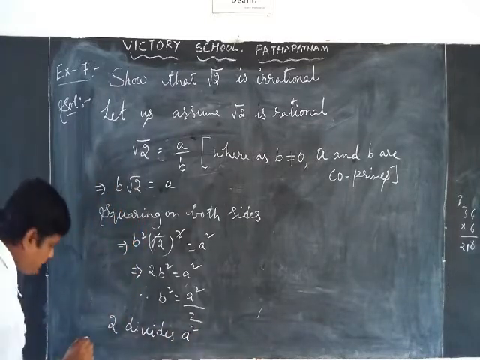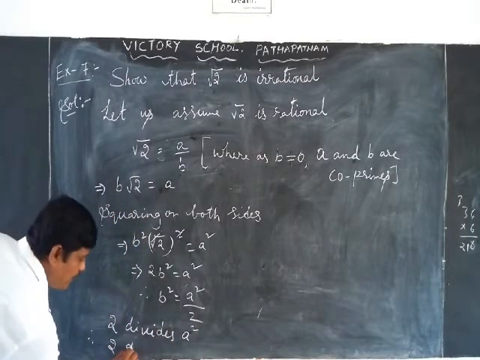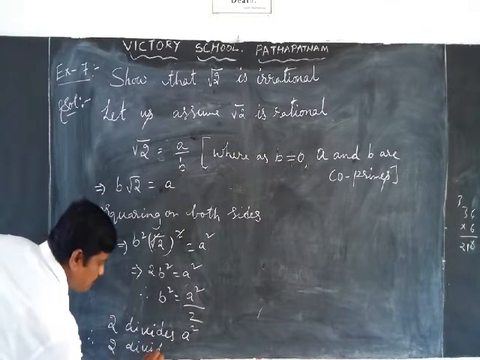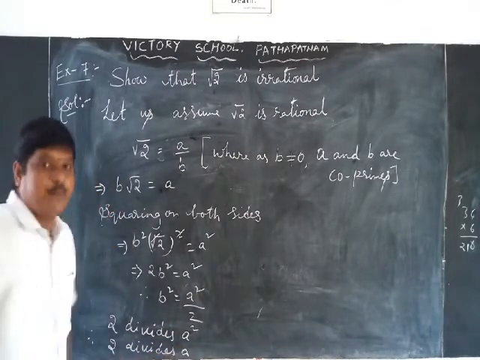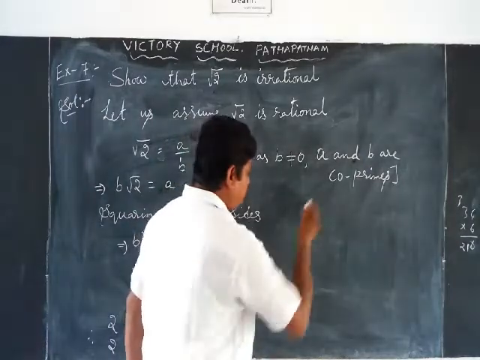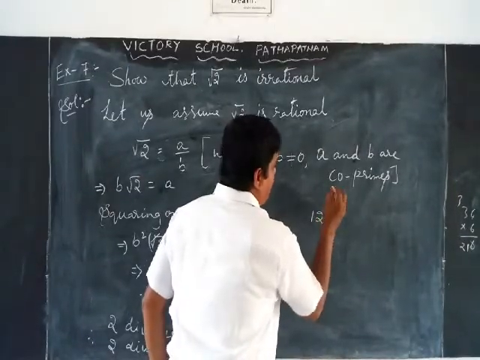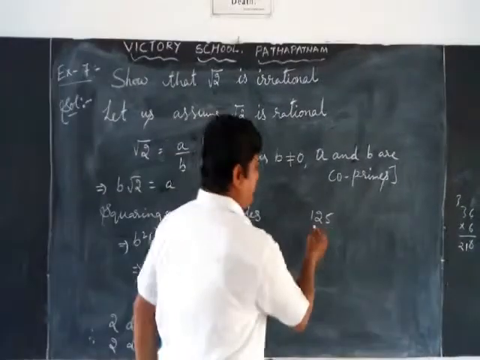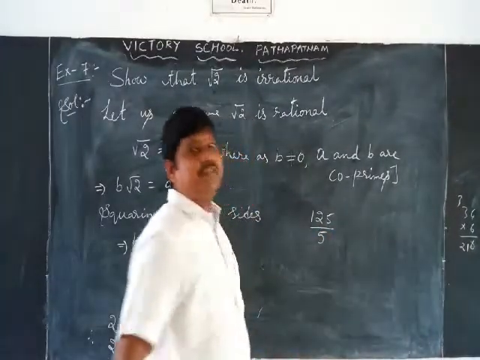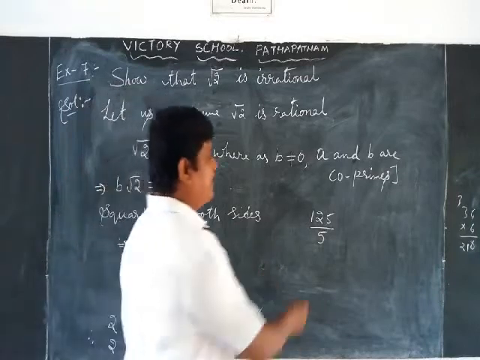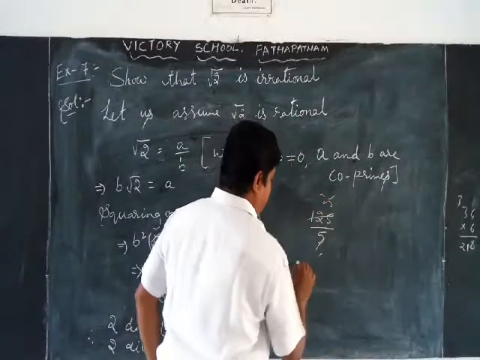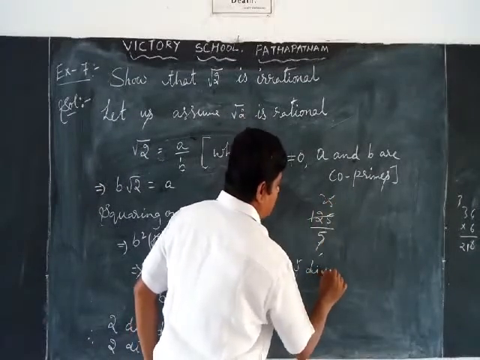At the same time, 2 divides a. Because, for example, 5 divides 125. For example, 5 ones are 5, 5 fives are 25.